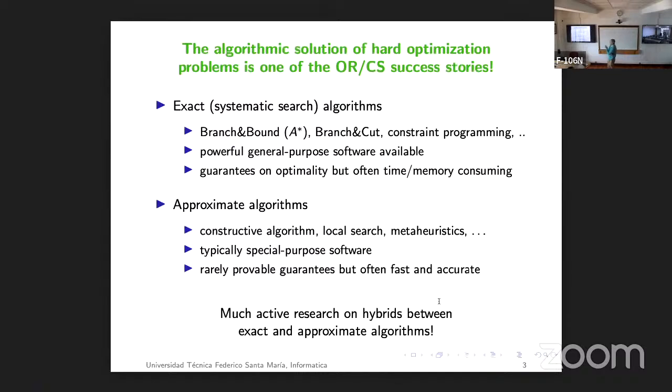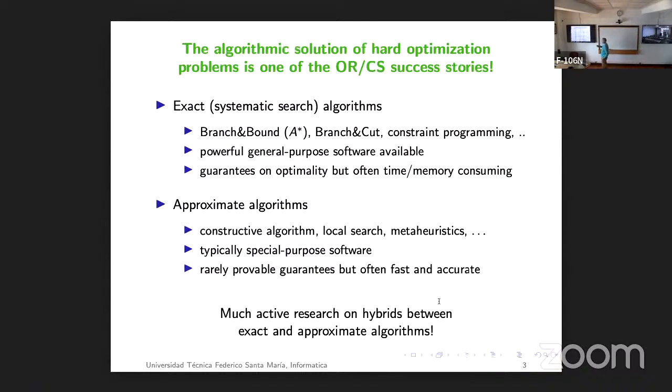On the other side, one has approximate algorithms. So constructive algorithms, local search, metaheuristics, and so on. And these typically are special purpose software. Yeah? So for approximate algorithms, I have to implement. And for the exact algorithms, I can download the software and run it.